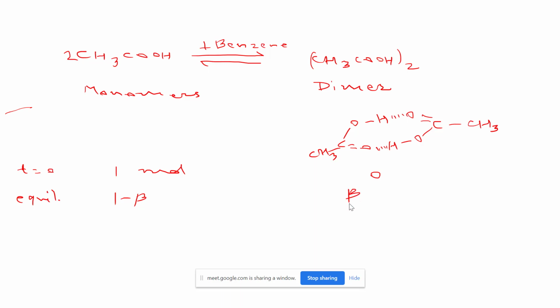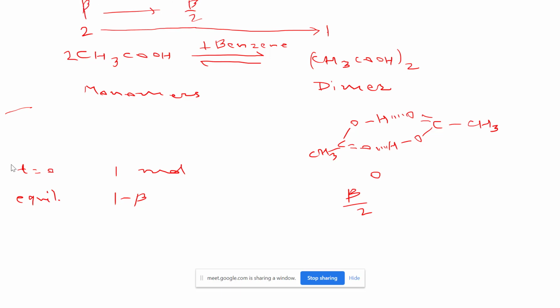Exactly, beta upon 2. You can determine it this way also: the coefficient here is 2 and the coefficient before this molecule is 1. So when two molecules of acetic acid react completely, we get one molecule. For one molecule of acetic acid, we get 1 by 2, so for beta molecules, we get beta by 2.